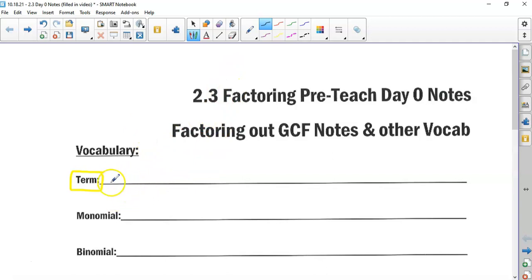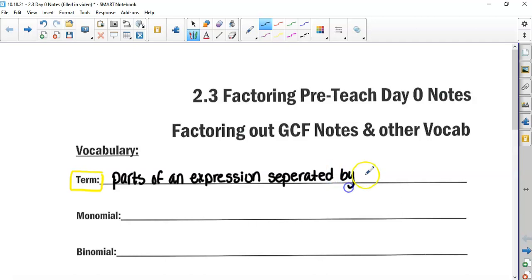A term by definition is, or terms are, parts of an expression separated by addition or subtraction signs.